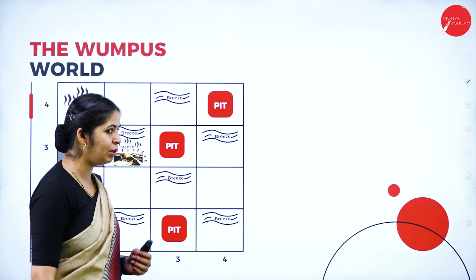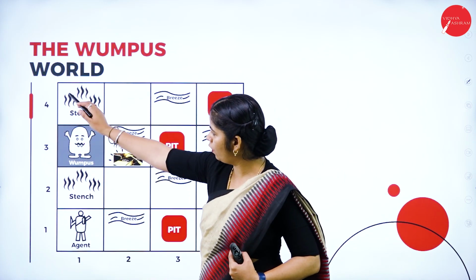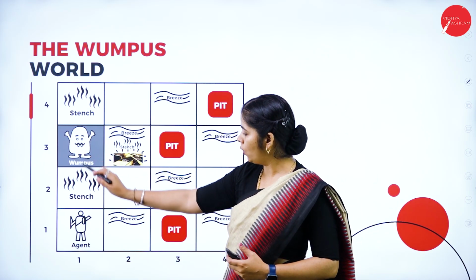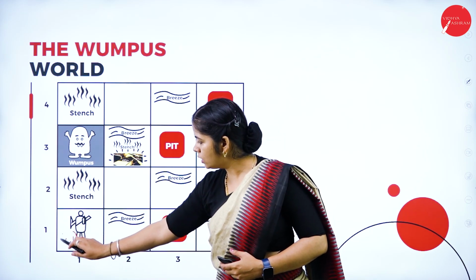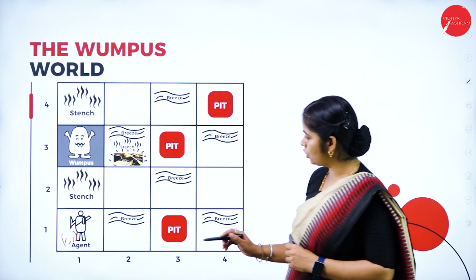Let us see the diagrammatic representation. This is a 4x4 grid, right? Somewhere the Wumpus is there. Currently the agent is in room 1,1, which is a safe room for the agent.